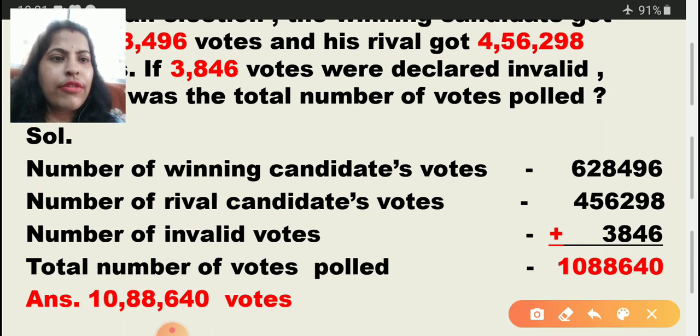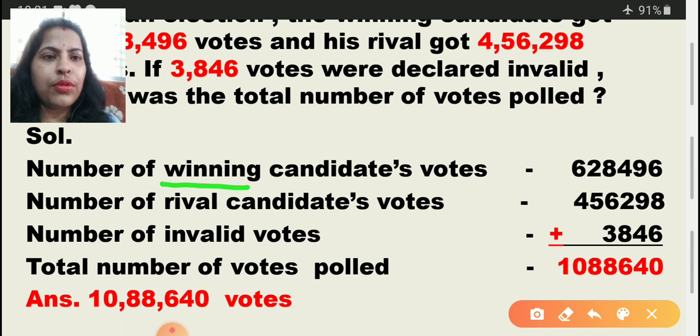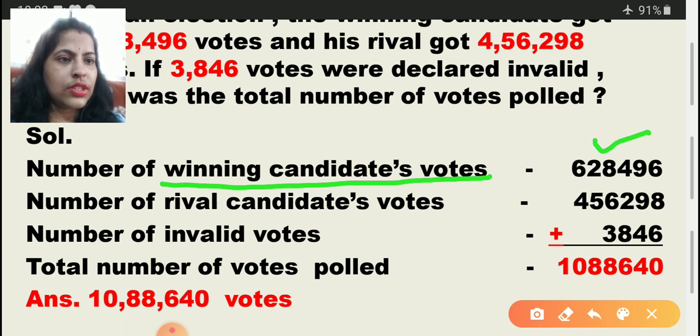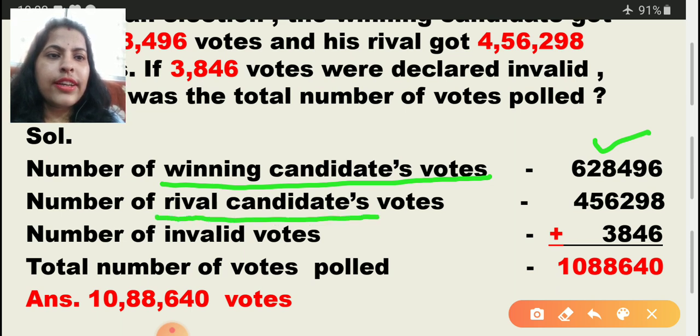First of all, we will write the number of winning candidate's votes. How many votes did the winning candidate get? This much: 6,28,496. Now the second statement is the number of rival candidate's votes.